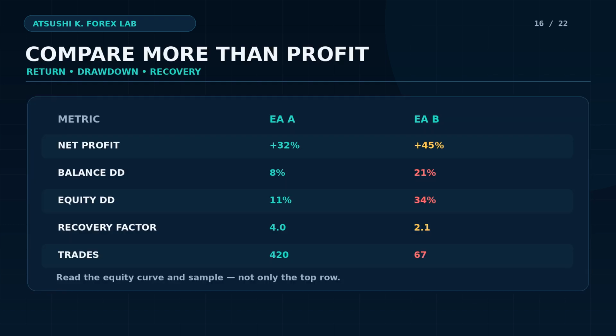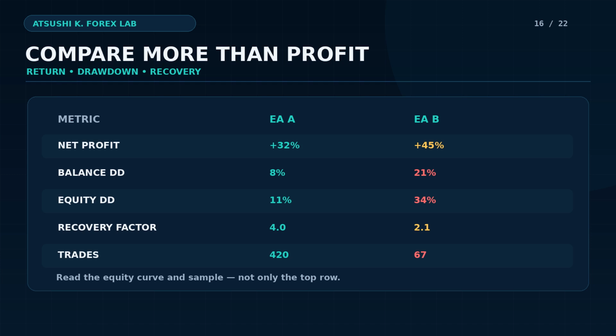When comparing EAs, place net profit beside maximum balance drawdown, maximum equity drawdown, trade count, and recovery factor. In MetaTrader testing statistics, recovery factor is net profit divided by maximum balance drawdown in money terms. It is useful, but it is not a complete score.